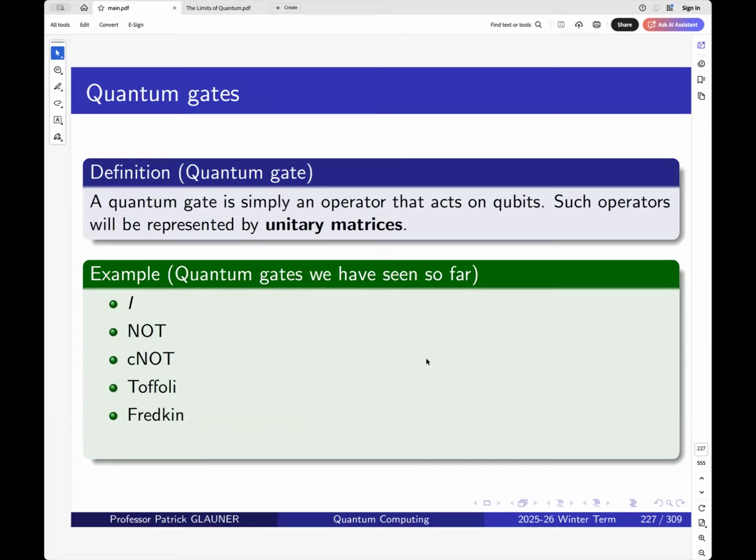Today, we will see a few more quantum gates. Concretely, we will see the Hadamard gate now, and that's something we had seen already a long time ago when we started with complex linear algebra. Today, we will explore it in greater detail, and for this, I will switch to my iPad.